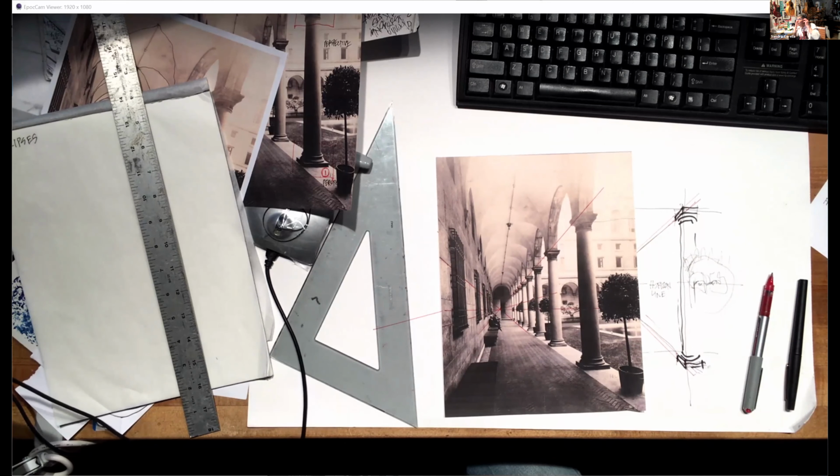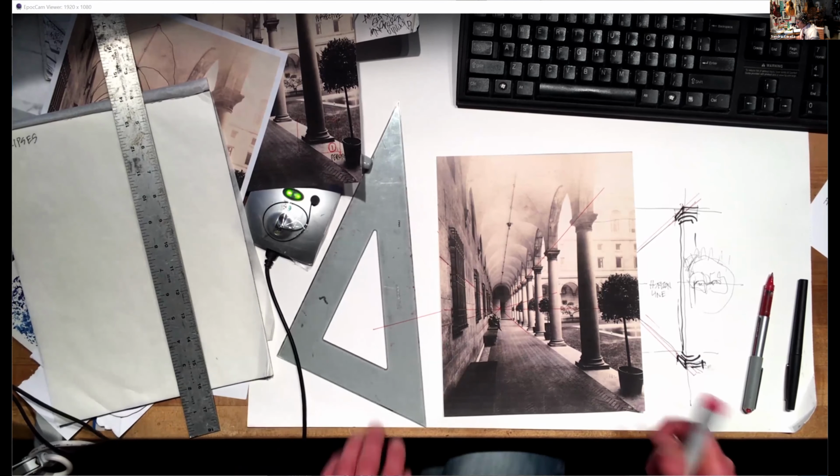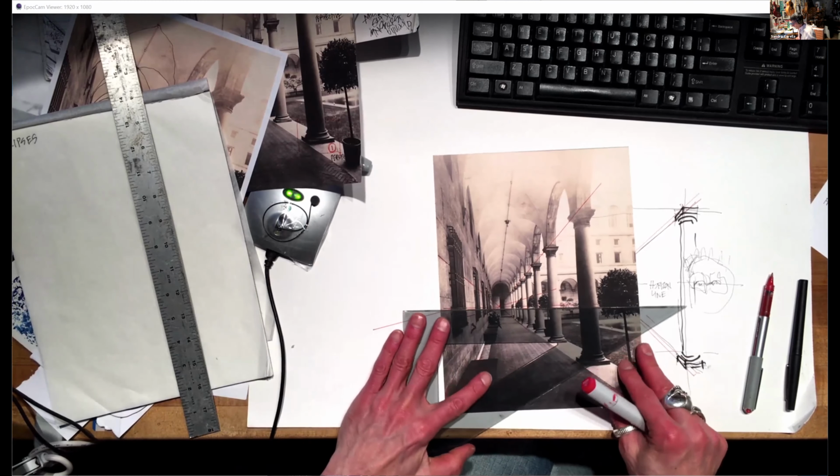Let me get a slightly darker pen. Don't want to clutter this too much.